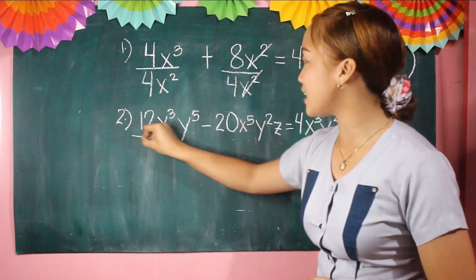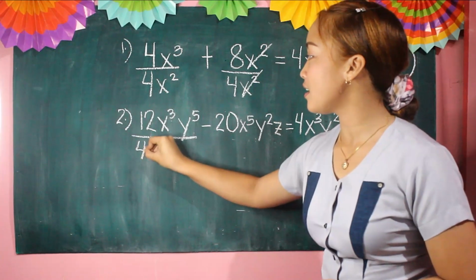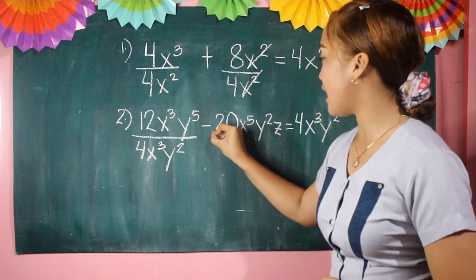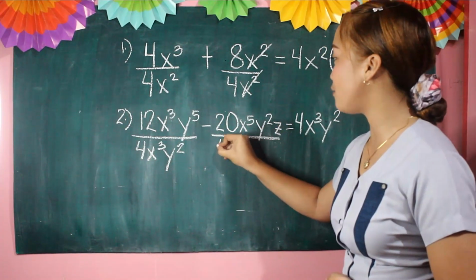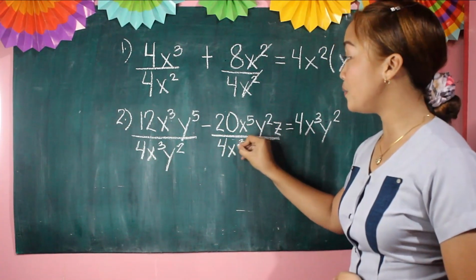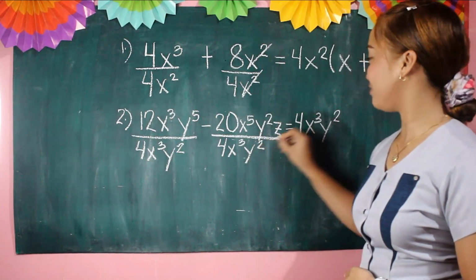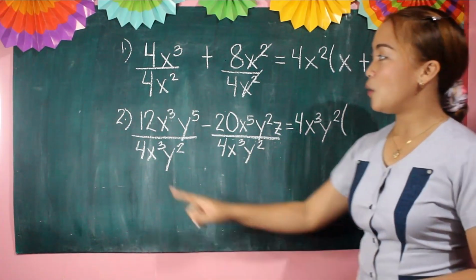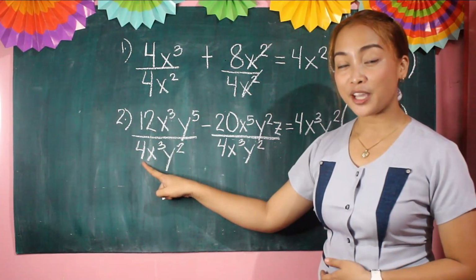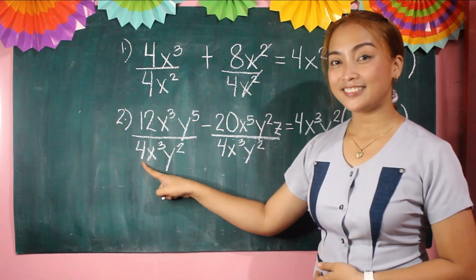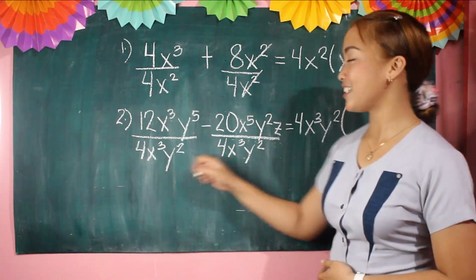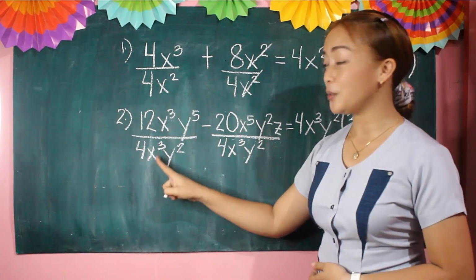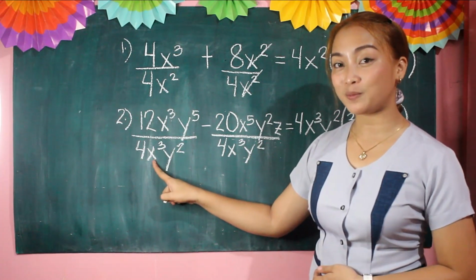So, let's divide this by 4x cubed y squared and our second term by 4x cubed y squared. Then, put quantity here. Now, what is 12 divided by 4? Very good. We got 3. How about x cubed divided by x cubed?